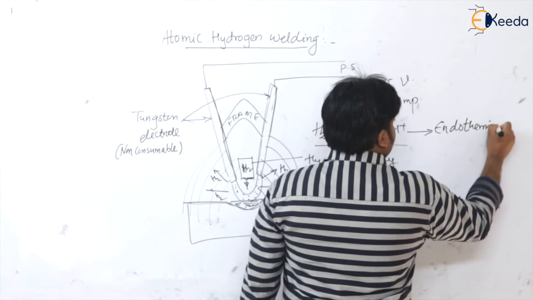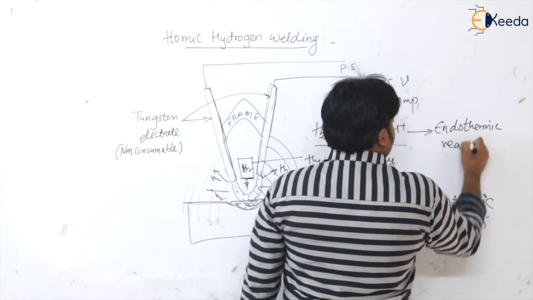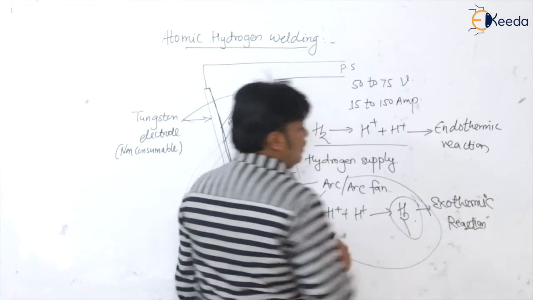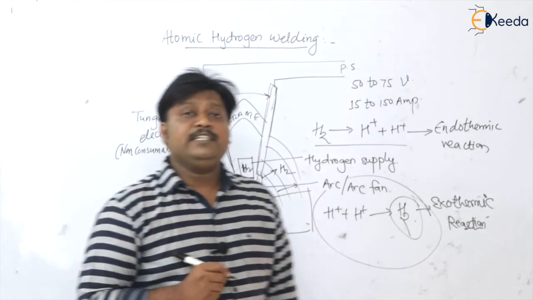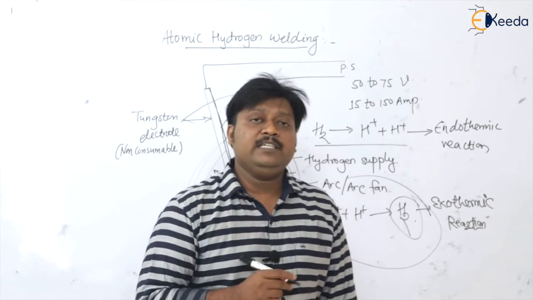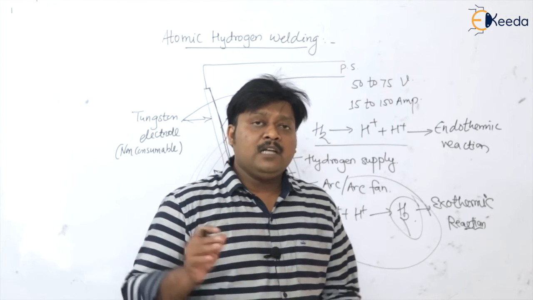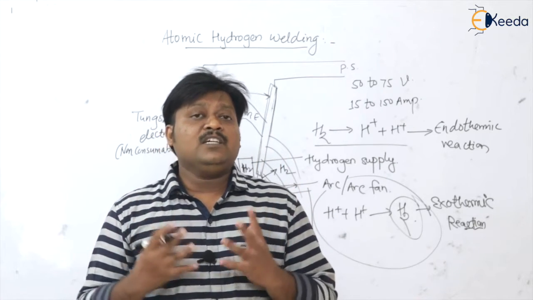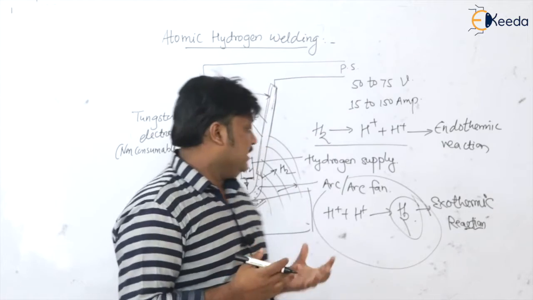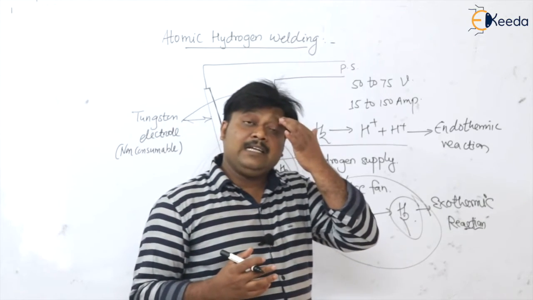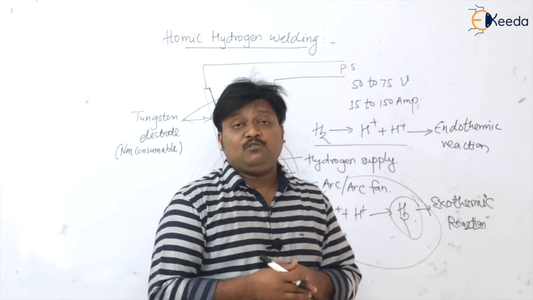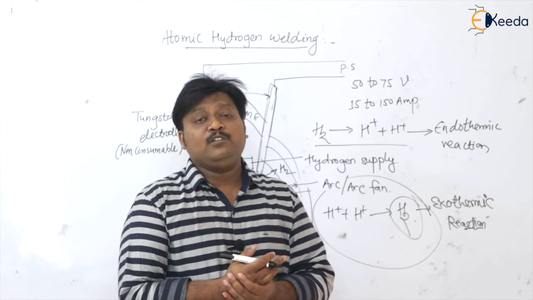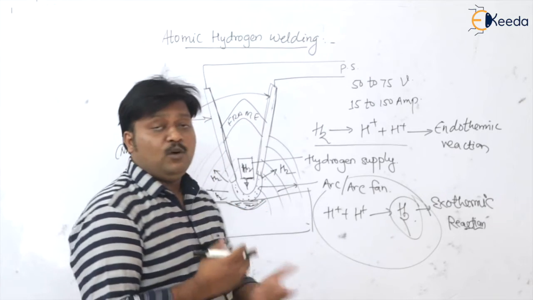Basically this exothermic energy we are utilizing for the melting or joining of the material, isn't it? Apart from this, near about 1/3 of the hydrogen is taken from this hydrogen supply and it is burned using oxygen, and that heat again we can supply into the welding operation.